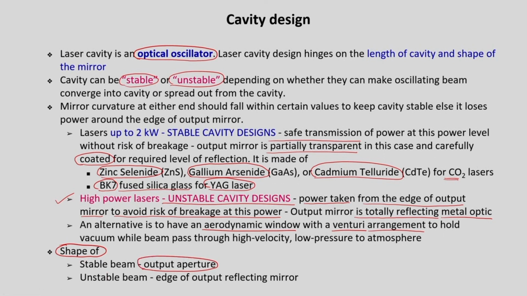So, this shape is controlled by the output aperture for the stable type of cavity design, but for the unstable beam, the shape at the edge of the output reflecting mirror will decide the shape of the beam.